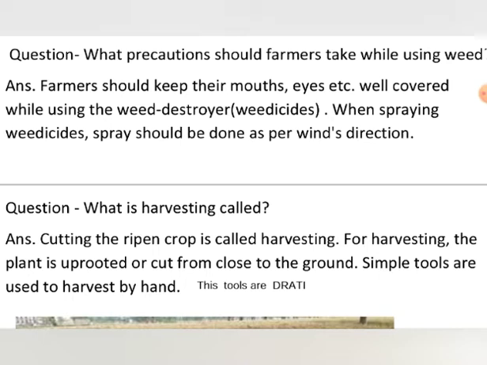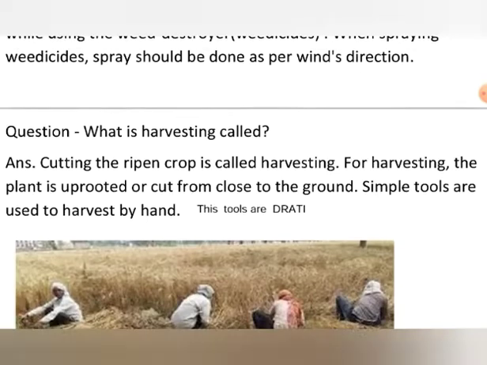He should not spray the weedicide in the opposite direction. He should be in the direction of the air, so that the spray can be done easily and without exposure on the body.